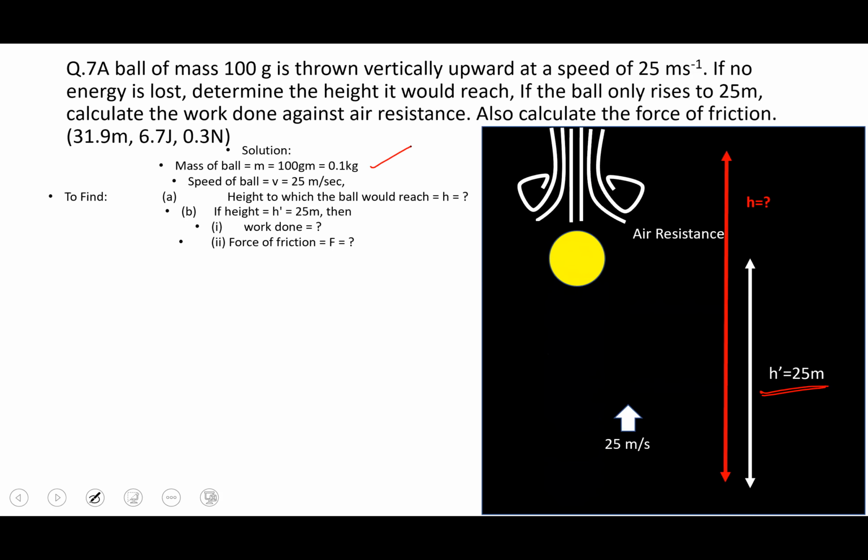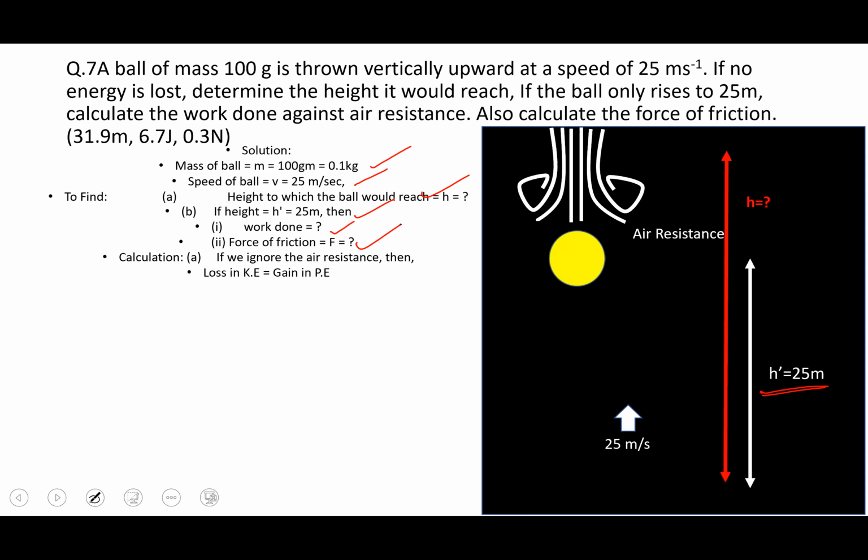The speed of the ball is 25 meters per second. The height the ball would have reached if there was no air resistance, that means h, we have to find as well. If the height with air resistance was 25 meters, then what will be the work done against friction, and what will be the force of friction in that case? We have to find that as well.